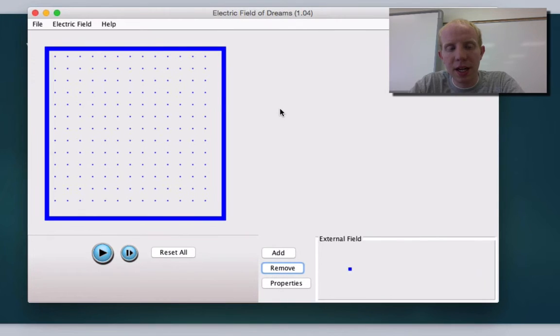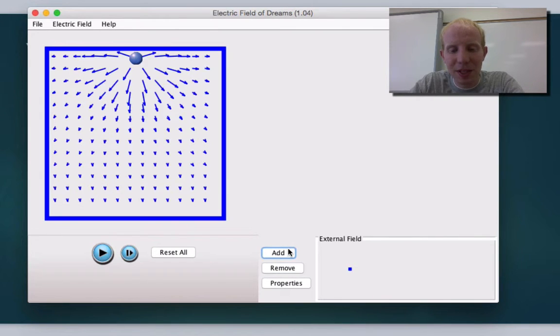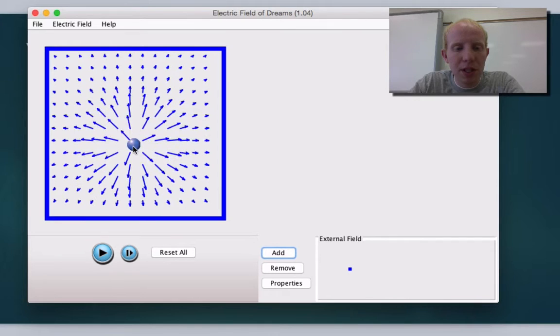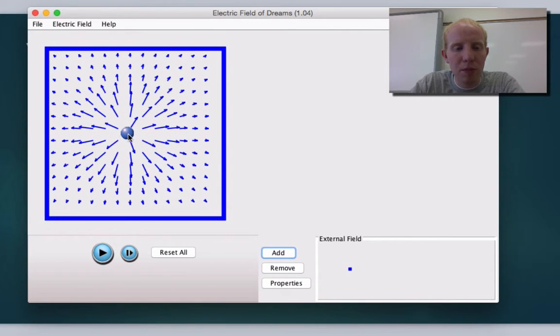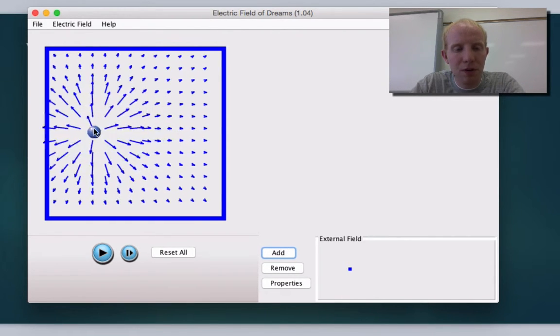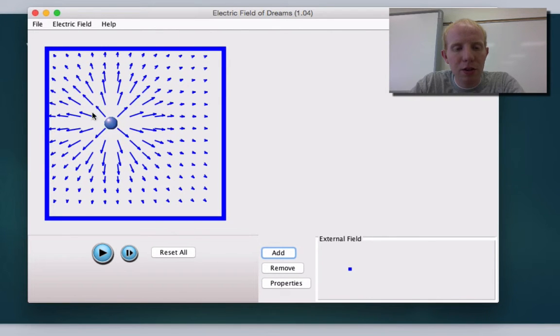So this is a PhET simulation. It's cleverly called the Electric Field of Dreams, based off an old movie, if you remember that at all. Let's say we place this 1 Coulomb positive charge, and we can see how in the nearby area of this charge, wherever we place it, the arrows are always pointing out.